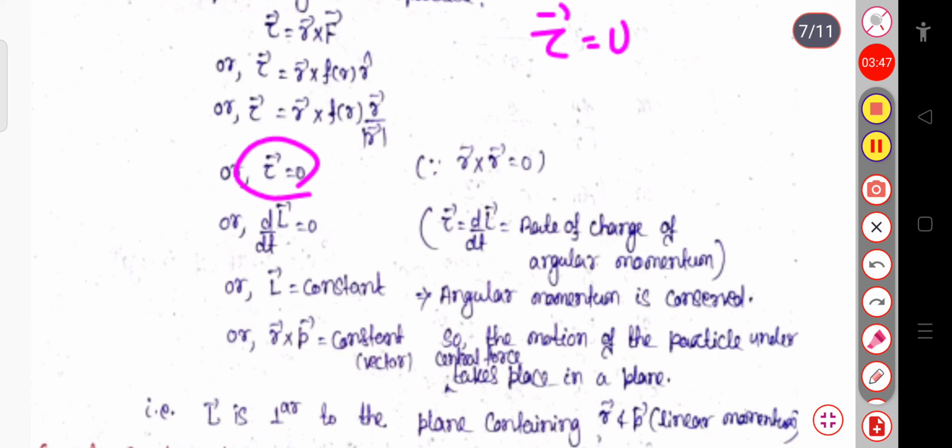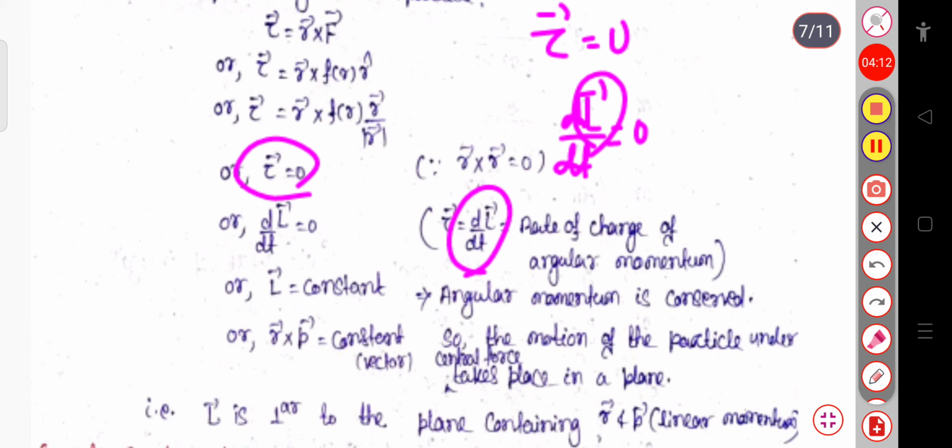When torque equals 0, we can write torque equal to the rate of change of angular momentum, that is dL by dt goes to 0. When dL by dt is 0, we can say that L equals constant, that is, the angular momentum is conserved. In the case of the central force motion, the angular momentum is conserved.